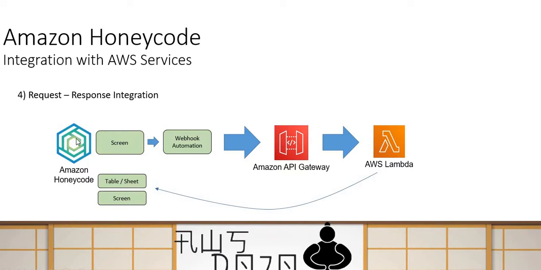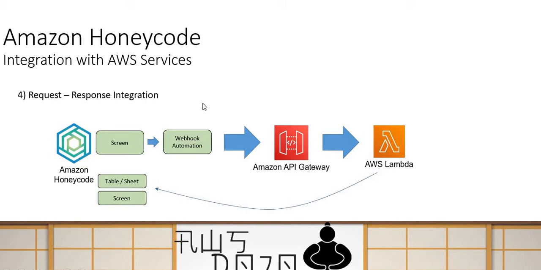So this flow is fire and forget. When this webhook calls the API, it fires and forgets. But this AWS Lambda code has the ability to call back. So you can pass the workbook ID, screen ID, app ID as parameters to the Lambda function, so that the Lambda function knows which workbook or which screen or which table I'm dealing with, and it can make a callback to update those screens or those tables.